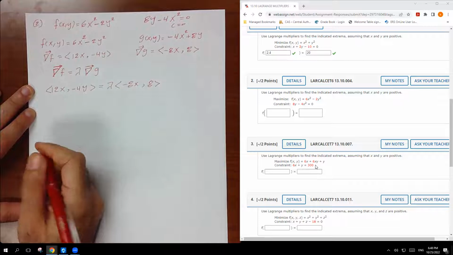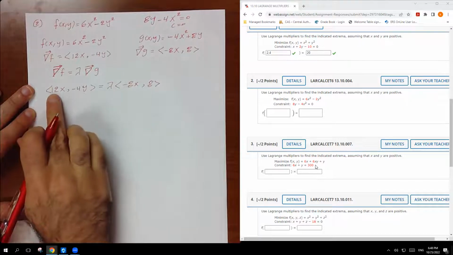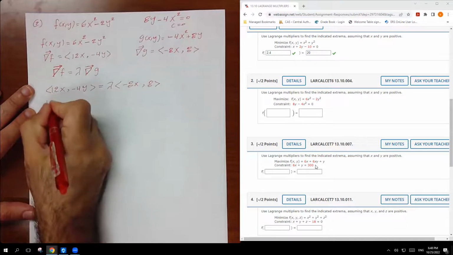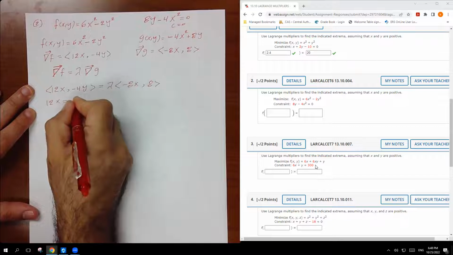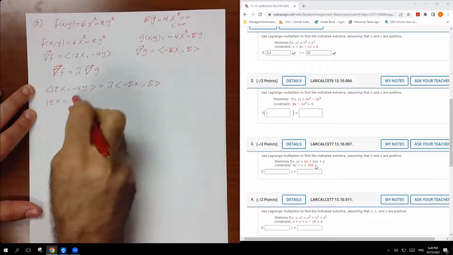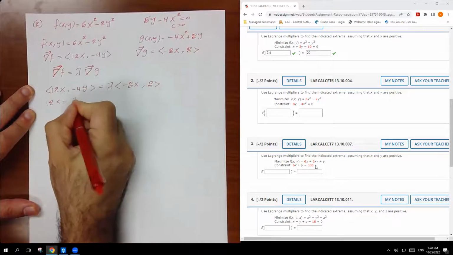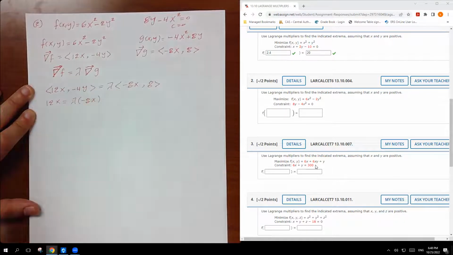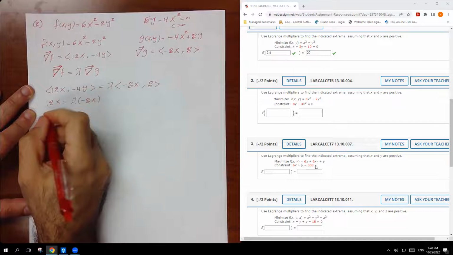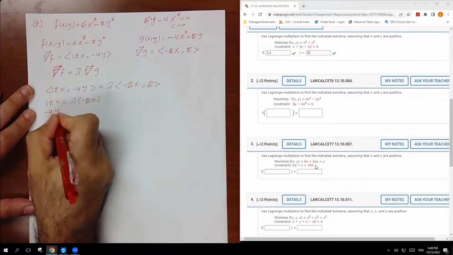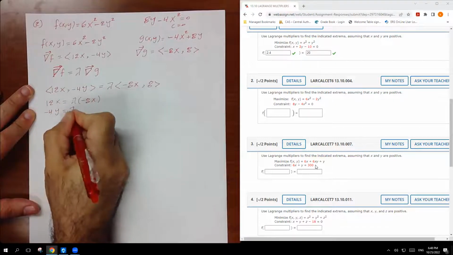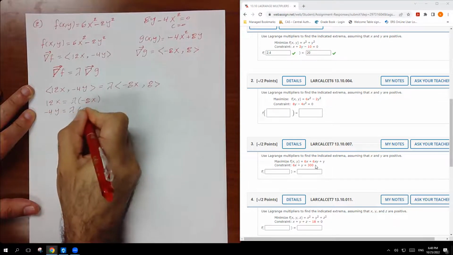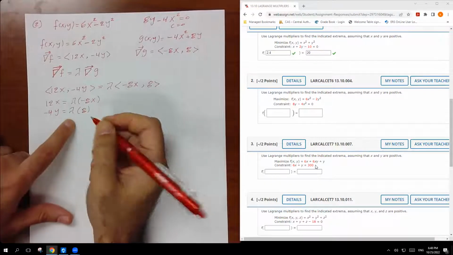Then next step, you're going to find the equations. 12x equals lambda times negative 8x, and the second one is negative 4y equals lambda times 8. So we can solve this one.